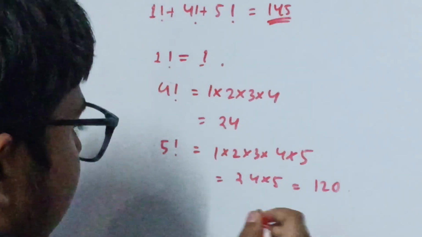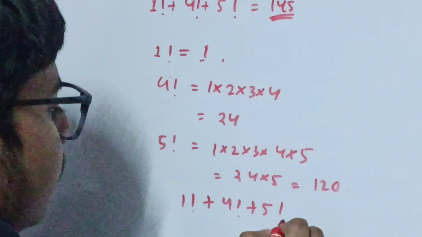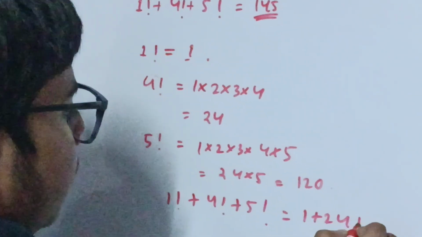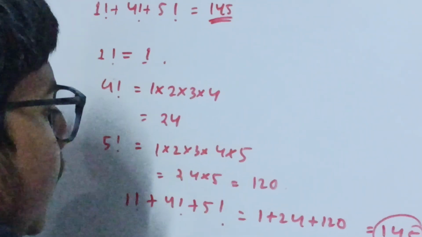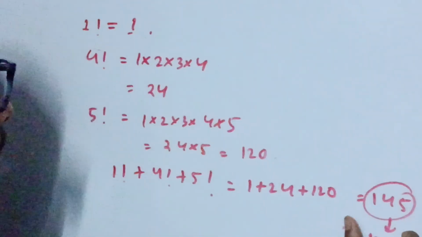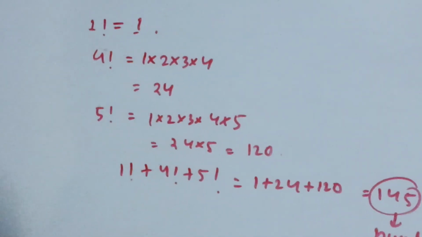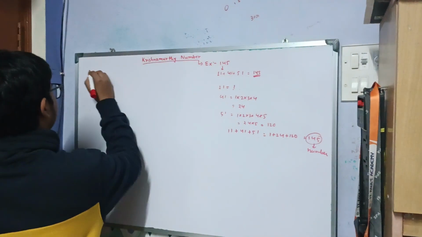So now let's add them. 1 factorial plus 4 factorial plus 5 factorial will be equal to 1 plus 24 plus 120, and this will be equal to 145, which is our original number. Okay, so we just have to check this. So let's begin with the program.